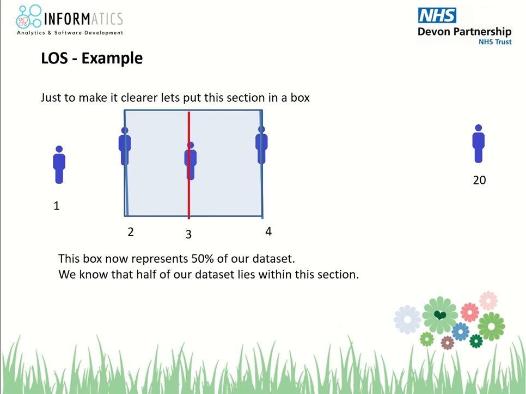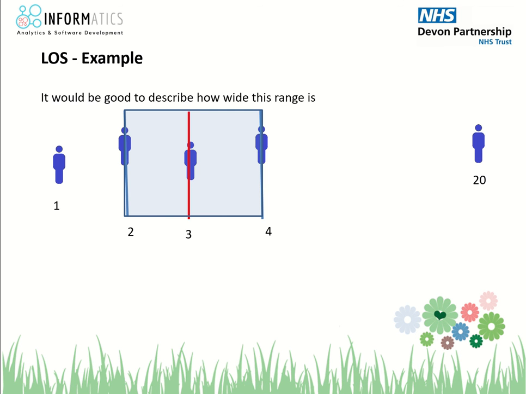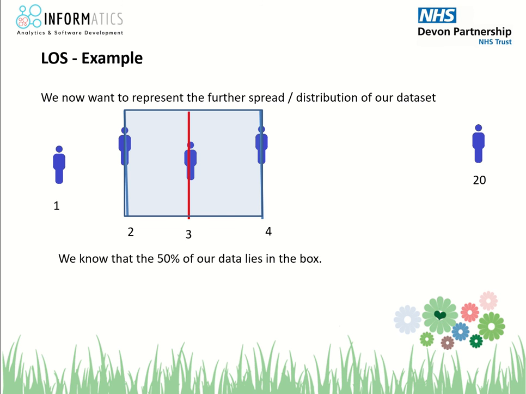So as we said, we know that half our data lies within that section. So what we need to know now is how wide our range is across all of our patients. Having that box helps us identify our statistical outliers. So like I said, we want to represent the spread of the distribution. So what we want to do is calculate the range difference between our first and our third quartile.